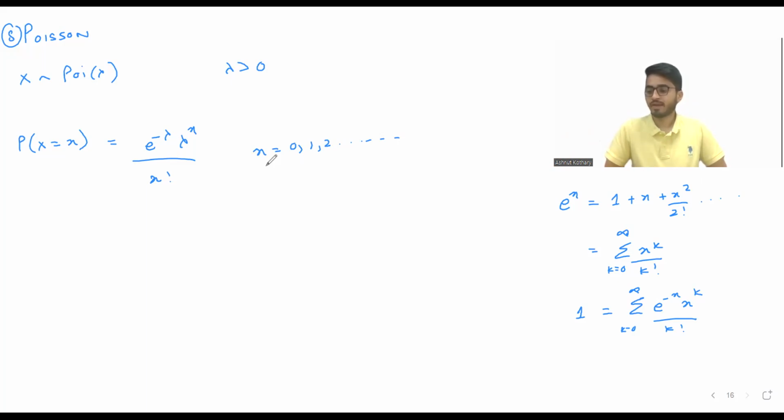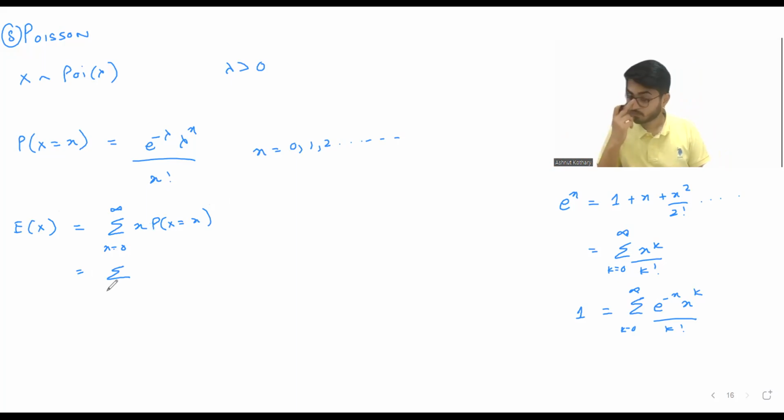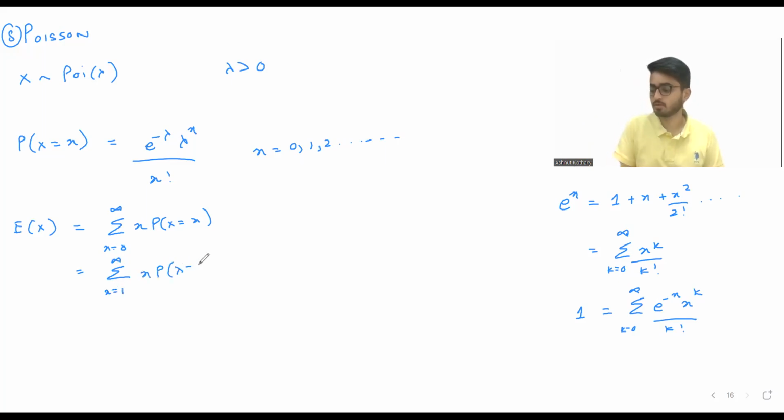Now here we will find the mean and the variance. We will see both of them are coming to be lambda only. So first thing, finding the mean. Expectation x is summation x into probability x equal to x, x running from 0 to infinite. Can I write this as summation x running from 1 to infinite, x into probability x equal to x?